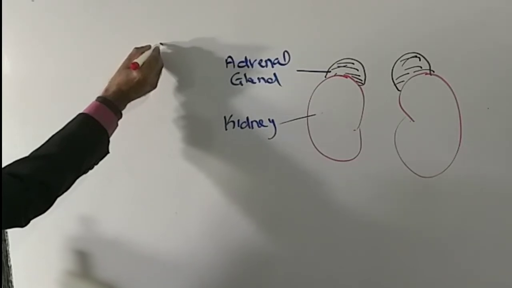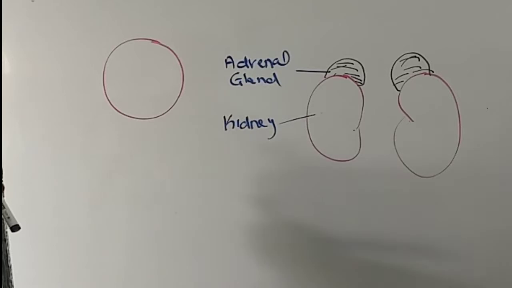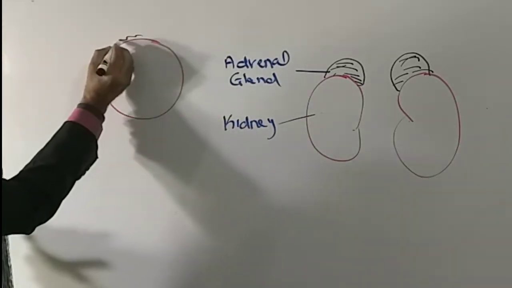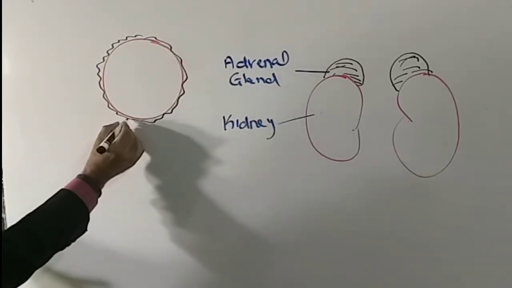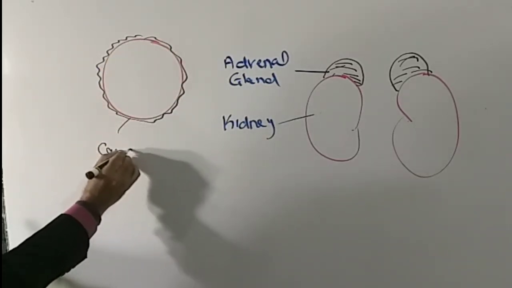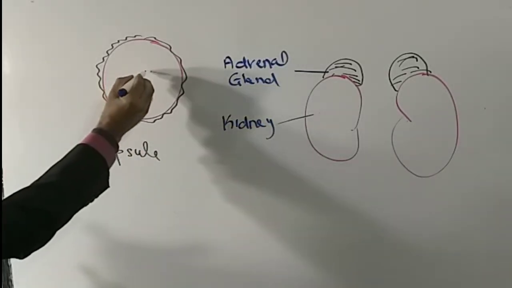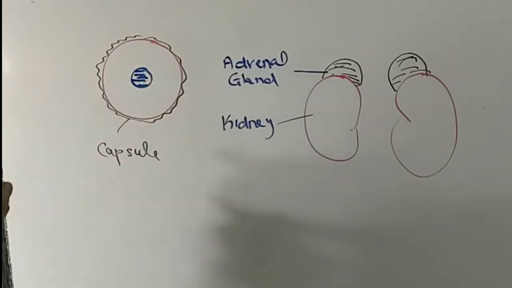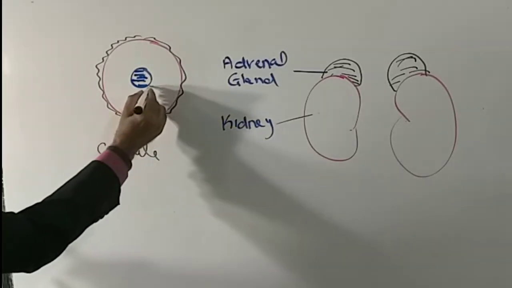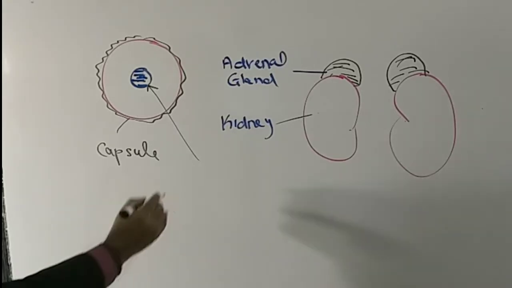Say this is the cross section of the adrenal gland. Then the outermost is the capsule, which is covering the organ, and the innermost part is the medulla of the adrenal gland, which produces catecholamines, but this is not our topic today.